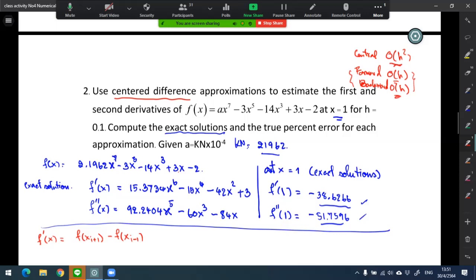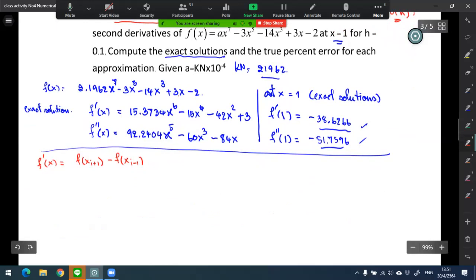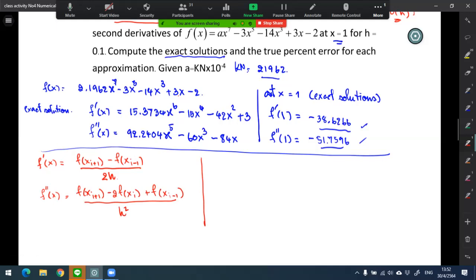Okay, so the formula is, okay, and for the second derivative is, so according to this, how many values of x do we have to find? 3.